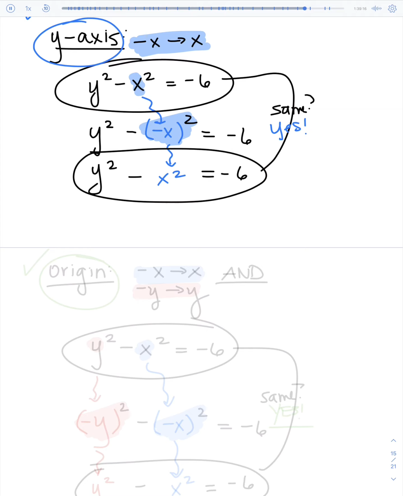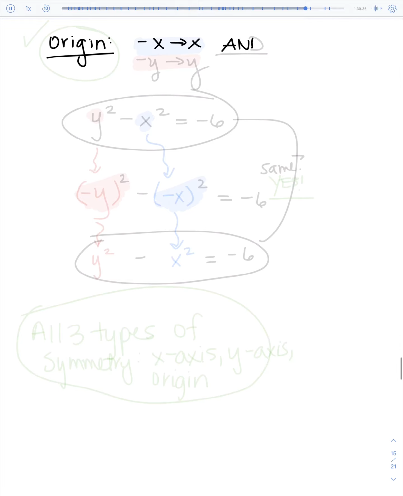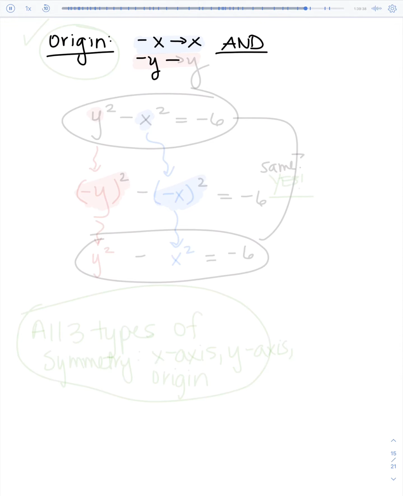I am still not done, though, because I still need to see if I have origin symmetry. Which means I'm plugging in, let's see, a -x for wherever there's an x, and I'm also plugging in a negative y wherever there's a y. So I'm doing both of these things. I'm plugging in negative y's for y and negative x's for x's, and I'm hoping that everything will stay the same.